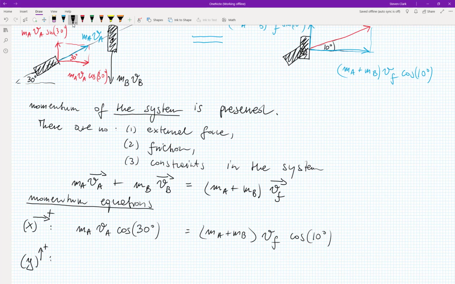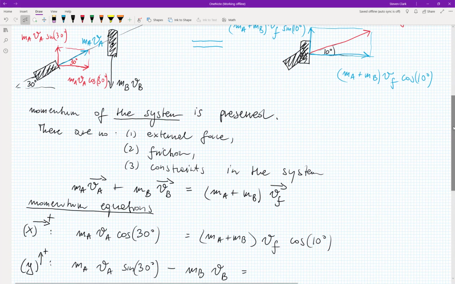I think that nothing else happens in the x direction. How about the y direction? In here we will have MA VA sine 30 degrees minus MB VB, and this is equal to MA plus MB velocity final sine 10 degrees.